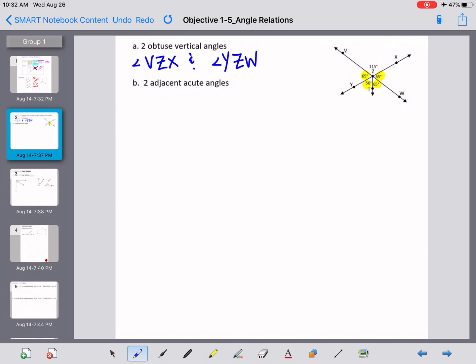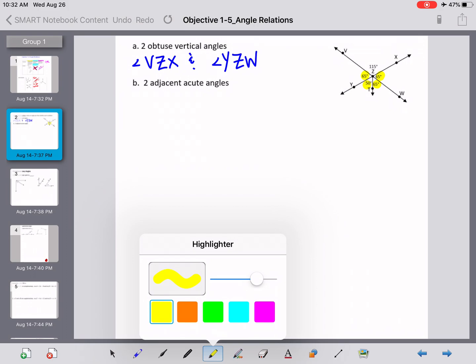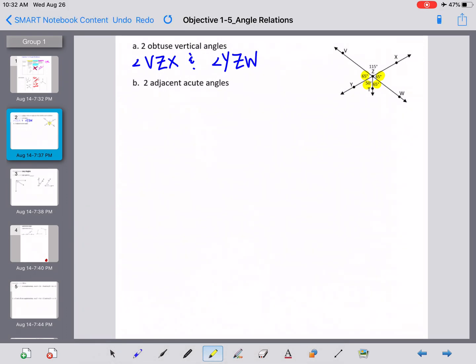So the first ones that I'm going to look at are angles VZY and TZY.